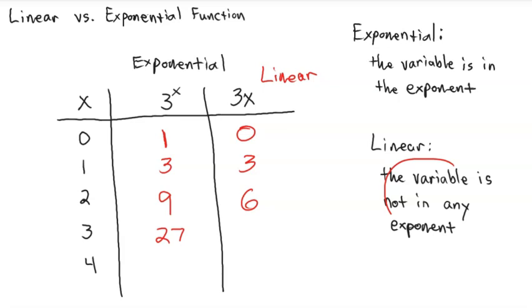What's happening here is we're basically multiplying each of our answers by 3. 1 times 3 is 3. 3 times 3 is 9. And 9 times 3 is 27. Then for 4, we'd have 27 times 3, but we'll get to that in just a minute.